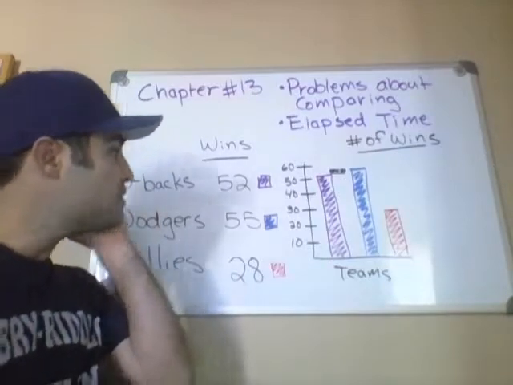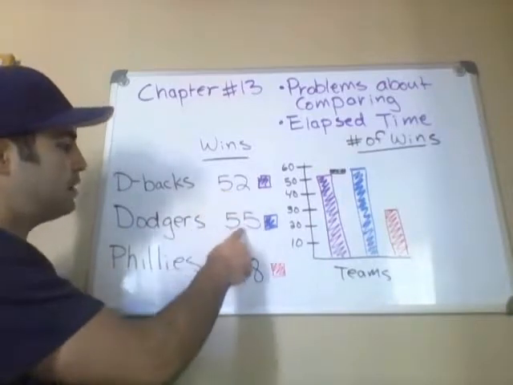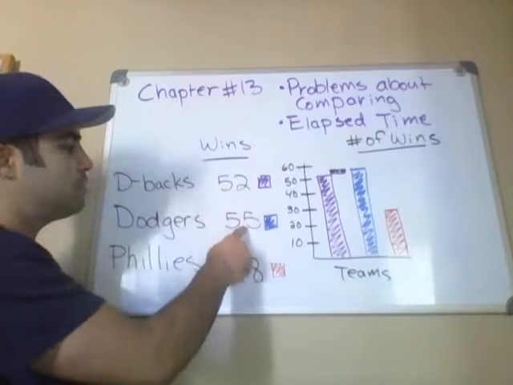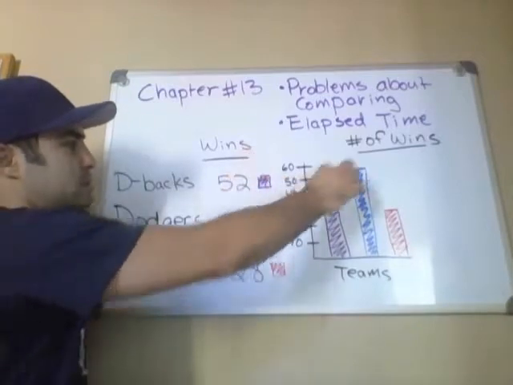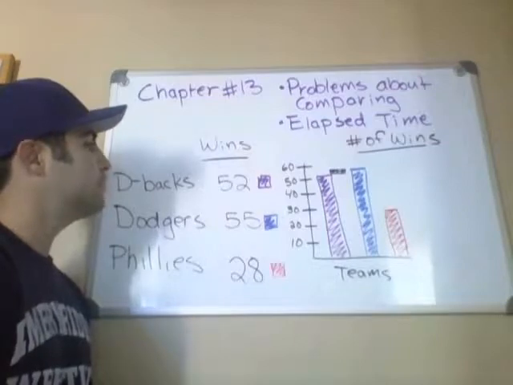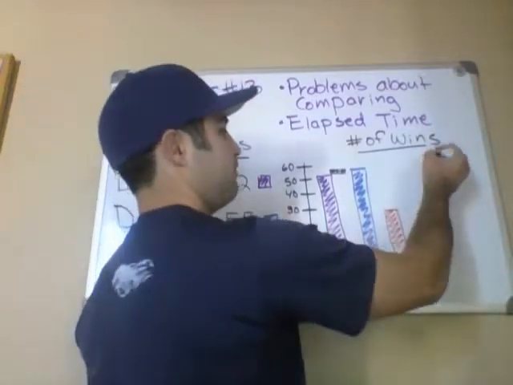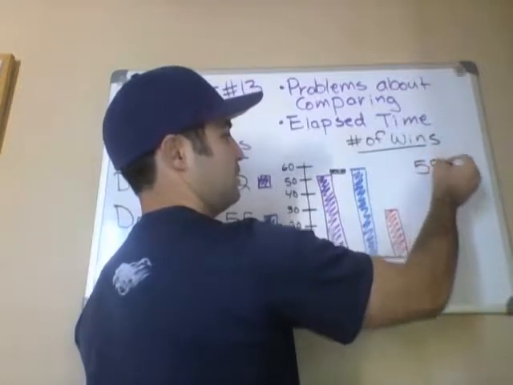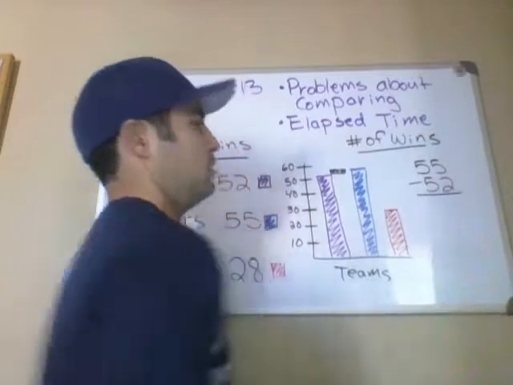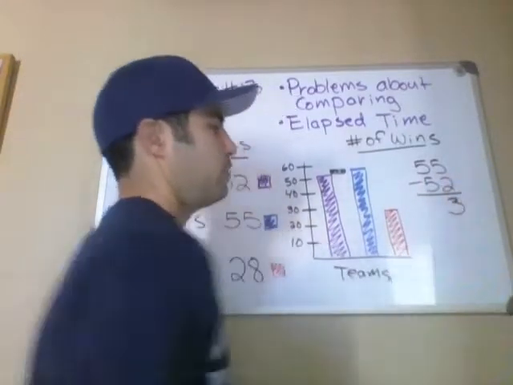Well, what you're going to do is take 52 and 55, and you are going to subtract 52 from 55 to see how much difference there is in between these two numbers. So I'm going to take 55 minus 52, and the answer is 3.